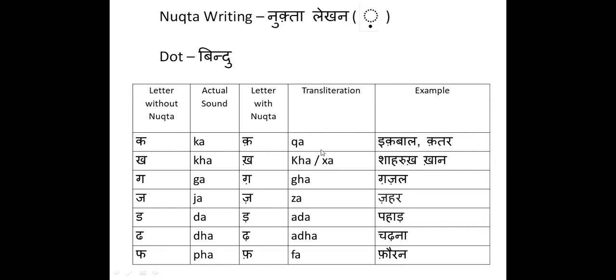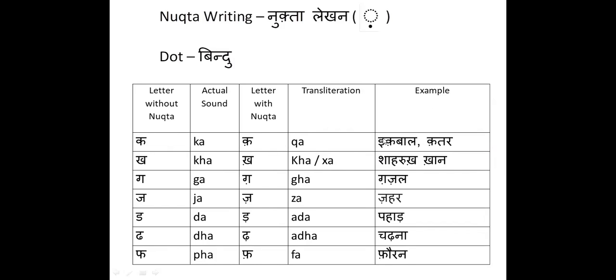For example, in this word, here is Ka with Nukta, Ba, Il. What is the pronunciation of this word now? Iqbal. Think in English. What is the spelling of Iqbal?